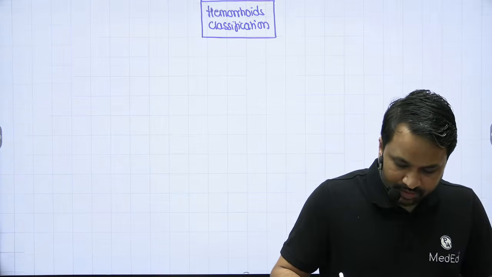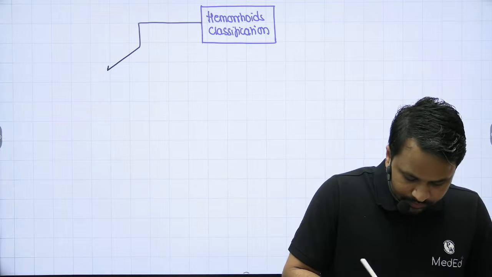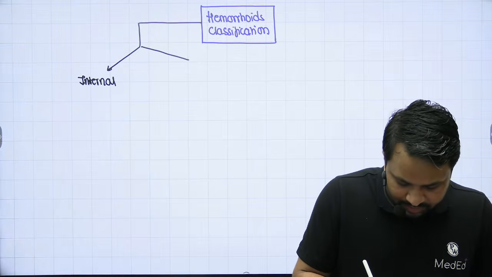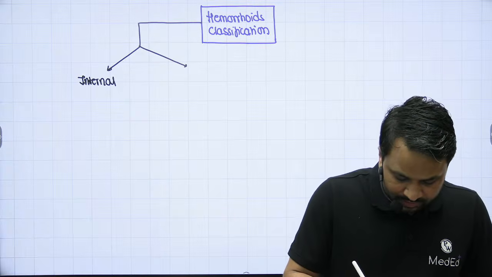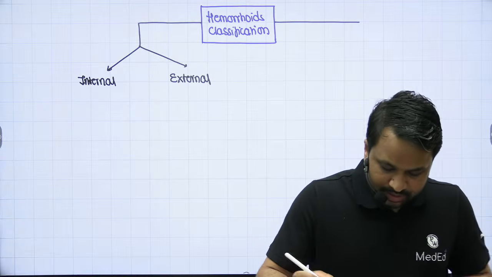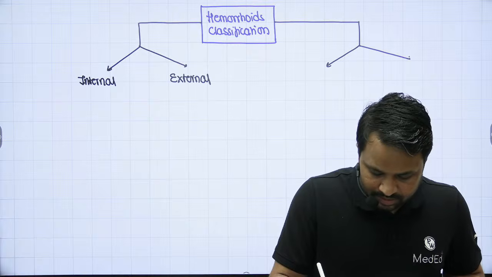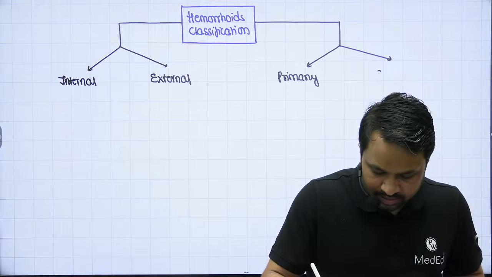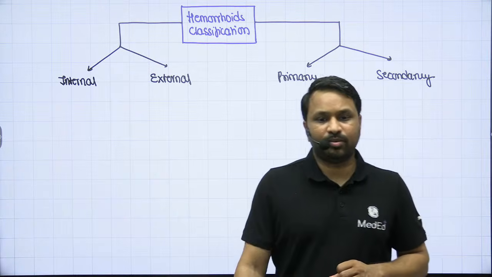One subset classifies them into internal and external hemorrhoids. Another subset of classification is primary hemorrhoids and secondary hemorrhoids.